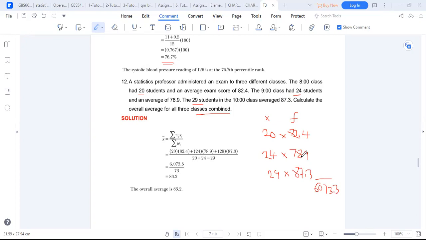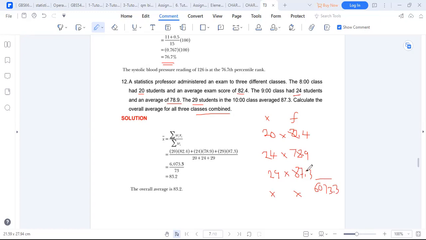People make a mistake, either taking the total here or the total here. So you have to swap. This 20, 24 is the number of students. This 82, 78 is the average score.